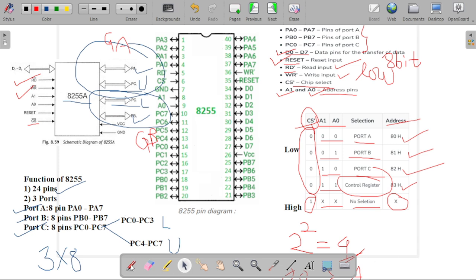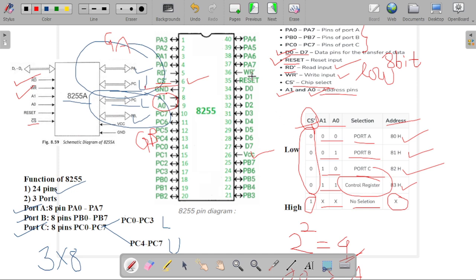Now consider this pin diagram. Each and every IC has a ground connection and a VCC connection, which are given at pin number 7 and pin number 26. See here, the chip select signal is at pin number 6, which is used for selecting our address lines.